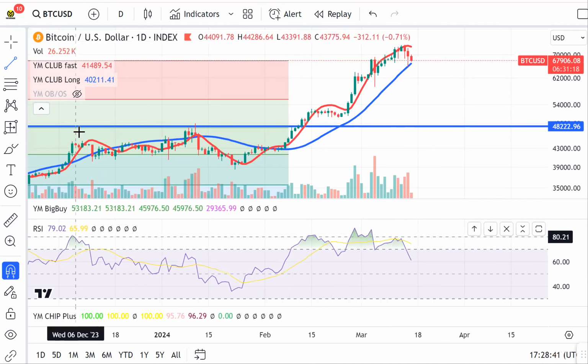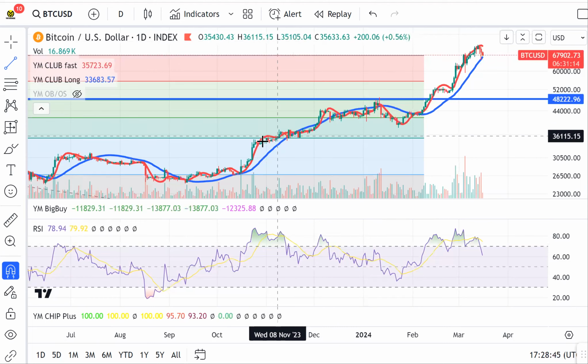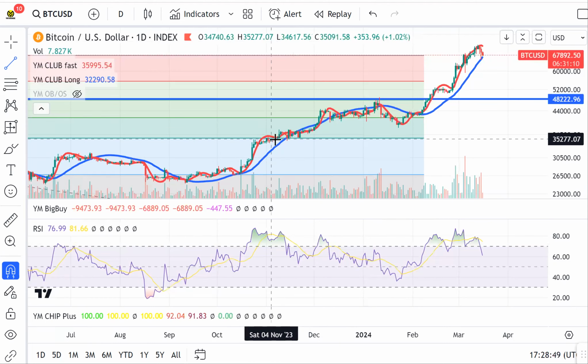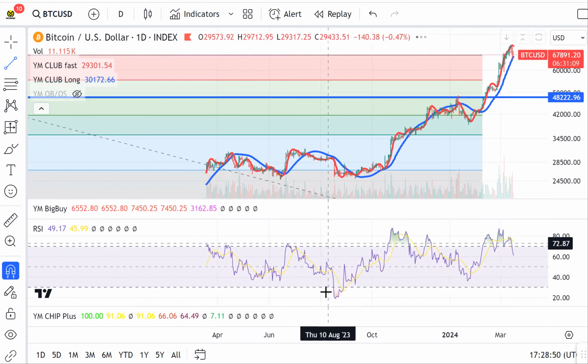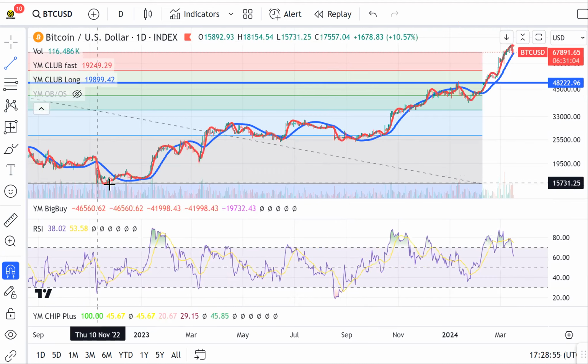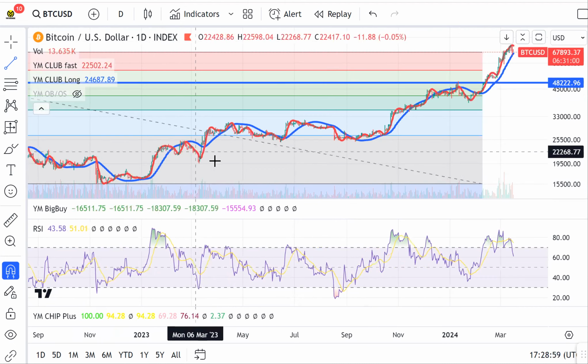RSI when it's over 70 basically is one of the peaks for that period of time. Let's say here. So when it is below 30 is one of the bottoms of that period of time. Okay, like this, and this is the peak, and they have a correction.